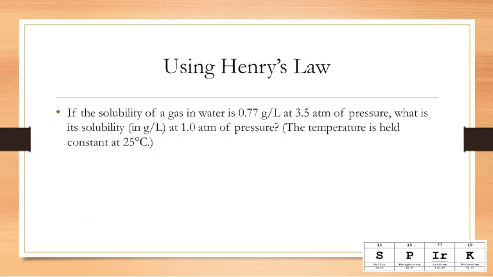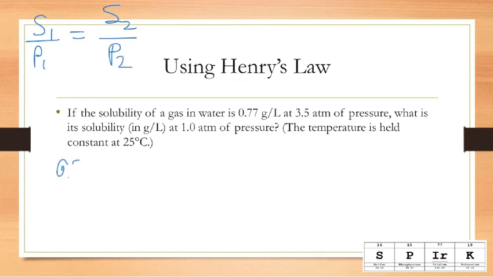So let's do a quick practice problem using Henry's law. If the solubility of a gas in water is 0.77 grams per liter at 3.5 atm of pressure, what is its solubility at 1 atm of pressure? We're going to hold the temperature constant in this case. So we just use S1 over P1 equals S2 over P2.